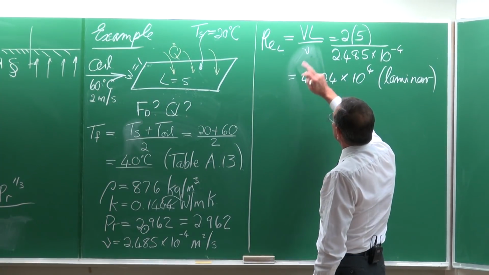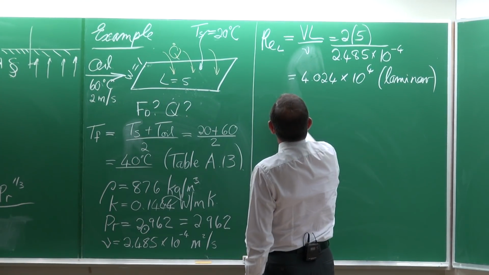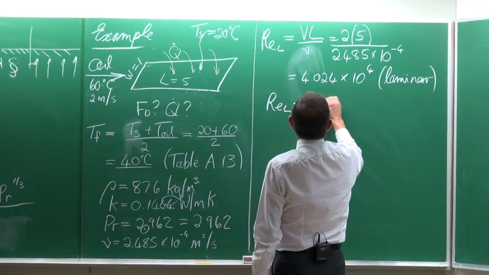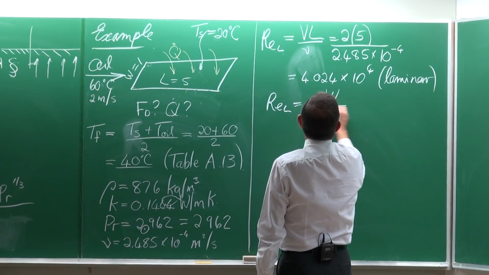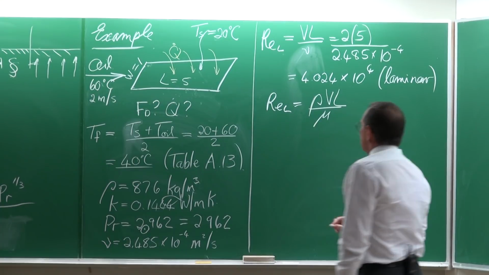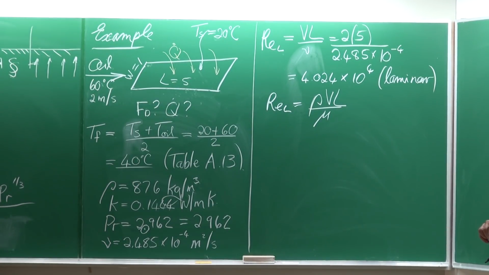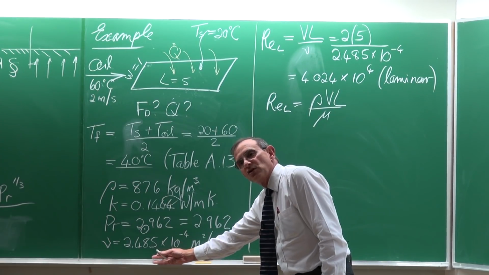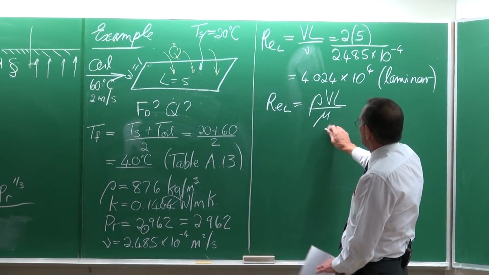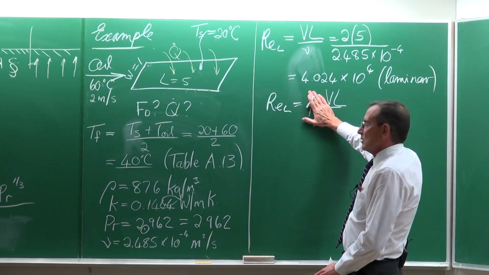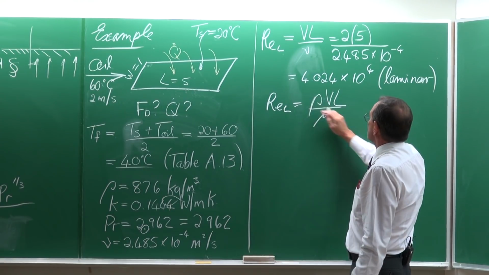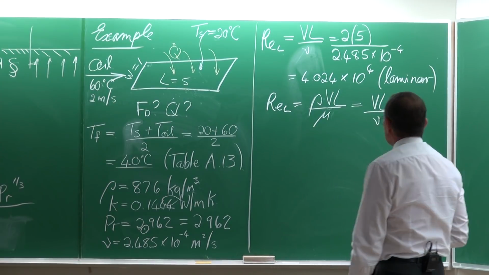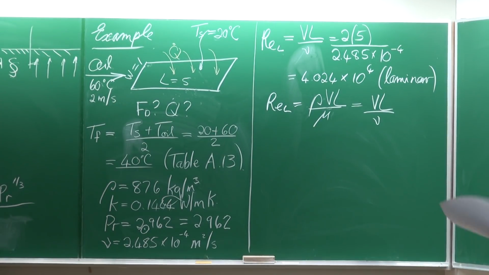Also, something that you need to look at is we've written the Reynolds number like that. We could have also written it as rho VL divided by the dynamic viscosity. You can also get the dynamic viscosity and work with that. You can see the advantage. By using the kinematic viscosity, you can just work with one term, VL divided by the kinematic viscosity. So it's very simple.